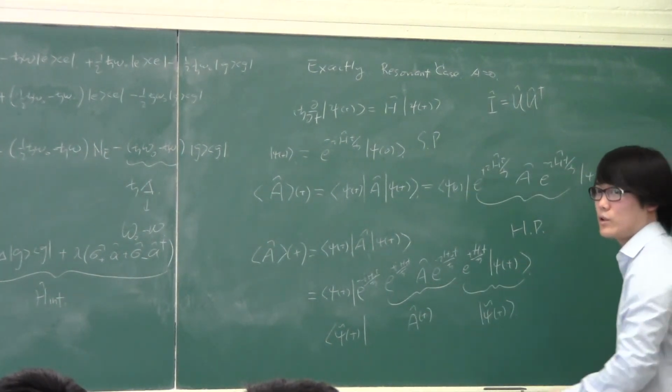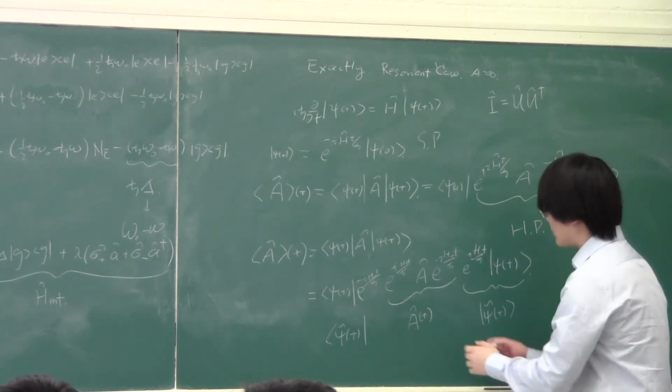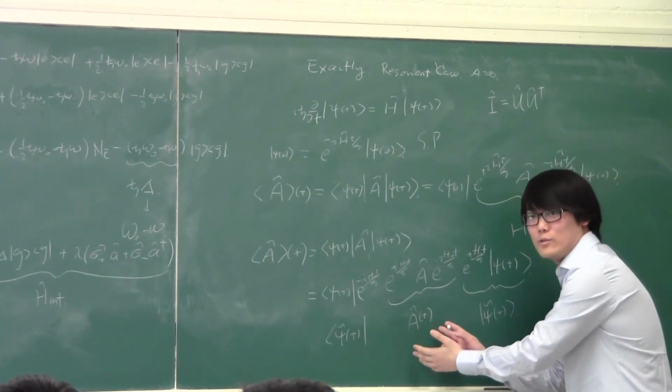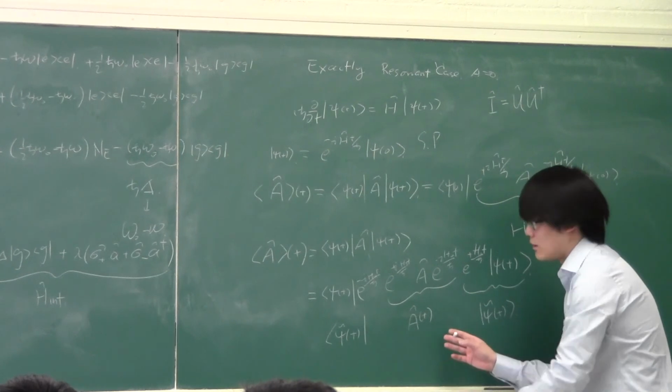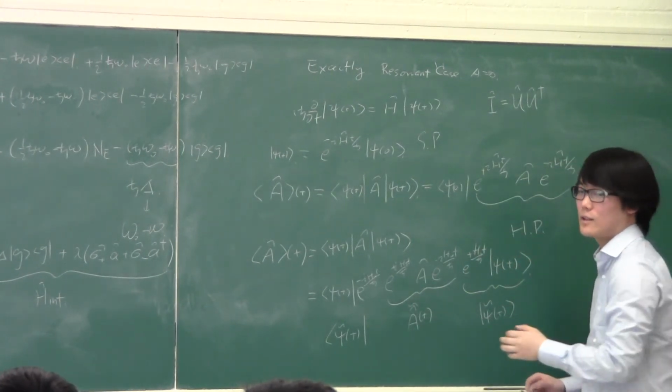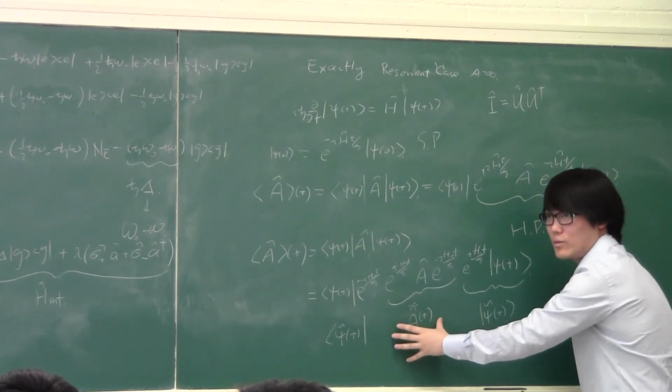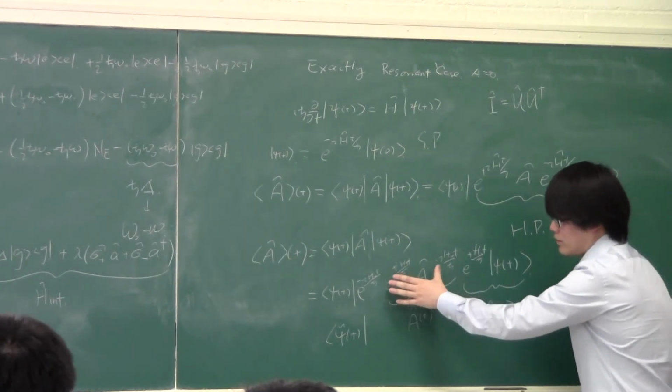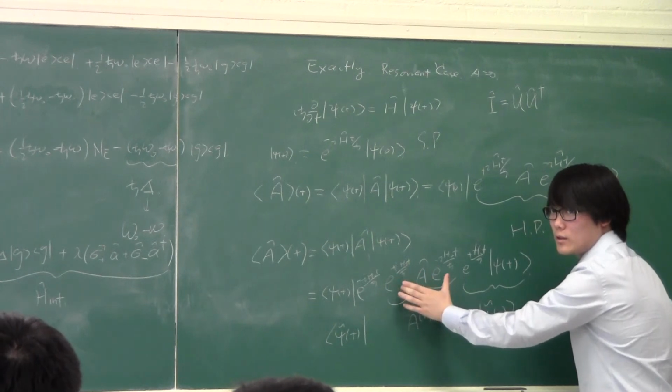But afterwards, I'm going to group different terms together. I'm going to group these into a new operator. Maybe I should write it as well, okay? But it gets clumsy. So this is a new operator that evolves with the H0 part, okay?